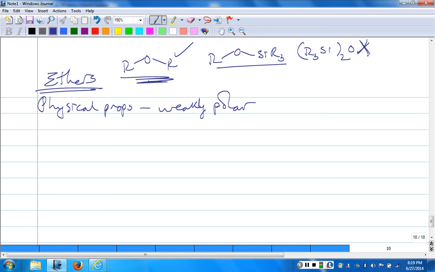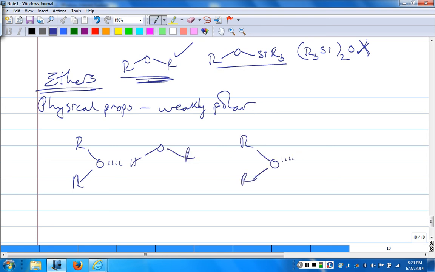Although ethers themselves do not hydrogen bond to each other, ethers will hydrogen bond to alcohols, and ethers will hydrogen bond to water.